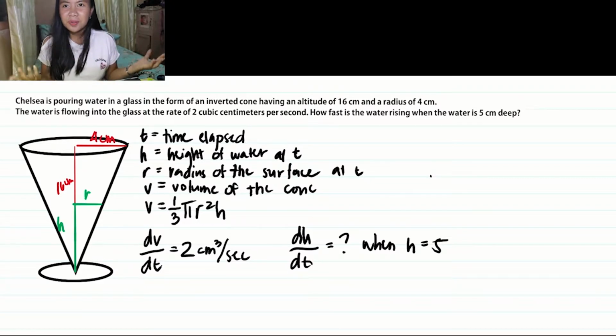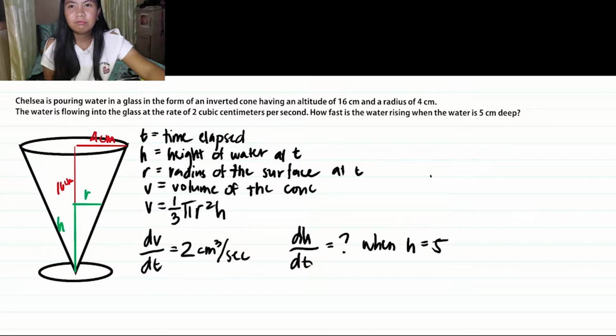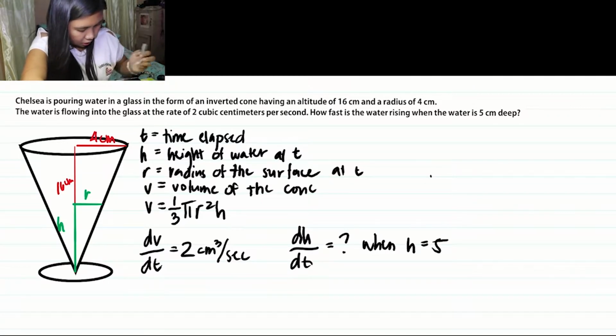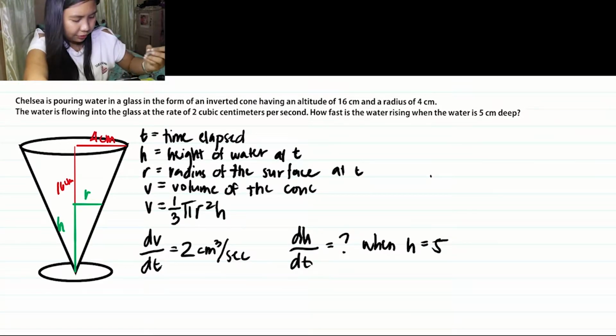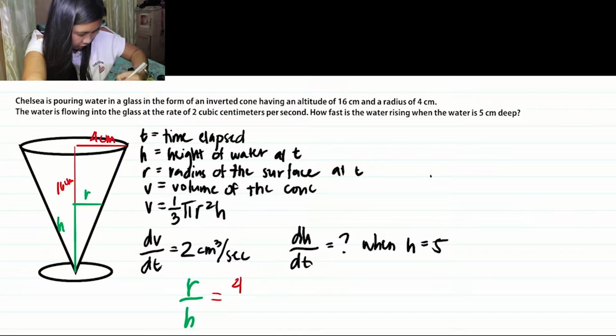We all know that in similar triangles, the bigger triangle is proportional to the smaller triangle. Since R is unknown for the second triangle, we'll have R over H, and then 4 over 16 since they are proportional.